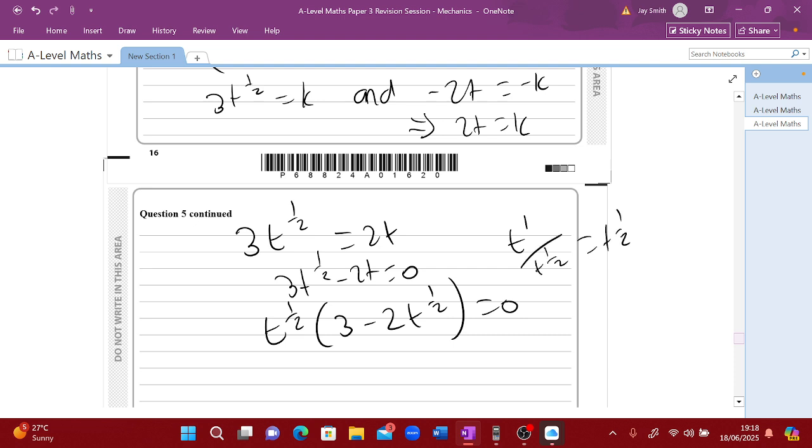In other words, t to the half times t to the half, you add the indices to get t to the 1. So that works. If we were to expand this back, we would get back t. If that makes any sense. Alternatively, if you're struggling to see that, we should know t to the half is root t. So we could say 3 root t minus 2t is 0.